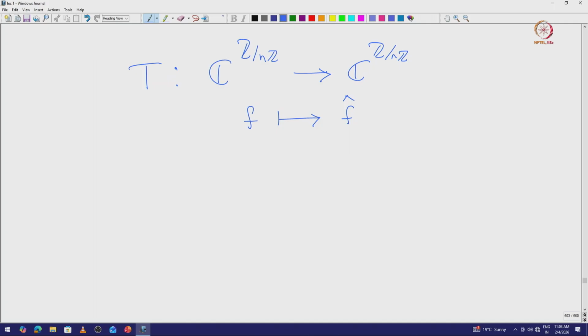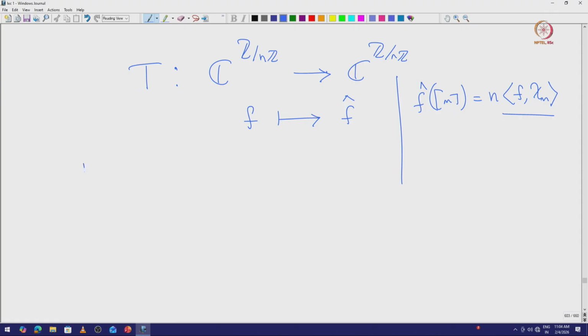Recall f hat of bracket m is exactly given by n times the inner product f comma chi m. So, now it is easy to see that since this inner product is linear in the first variable, this map T is indeed a linear map.